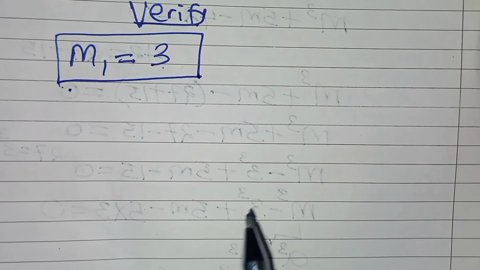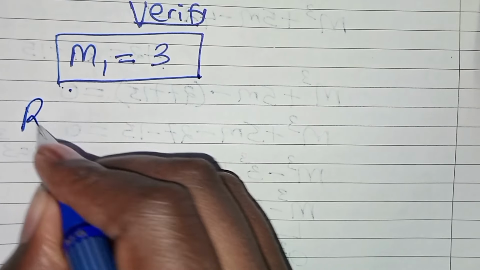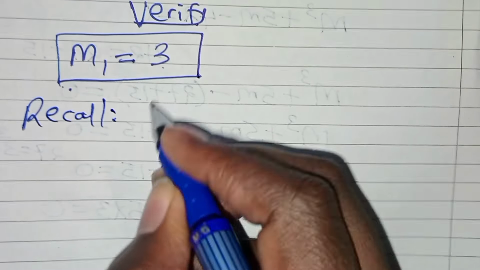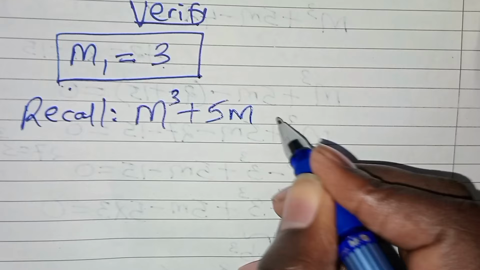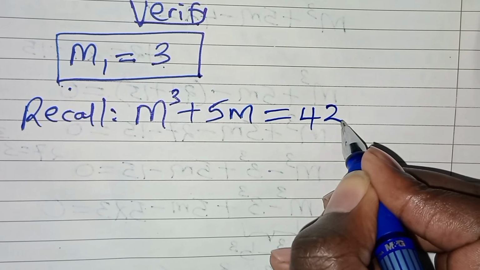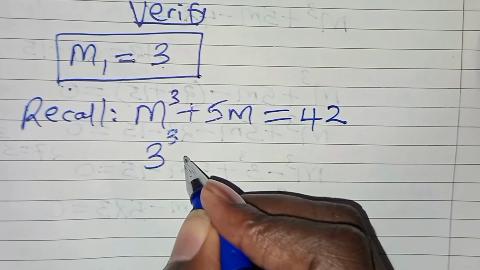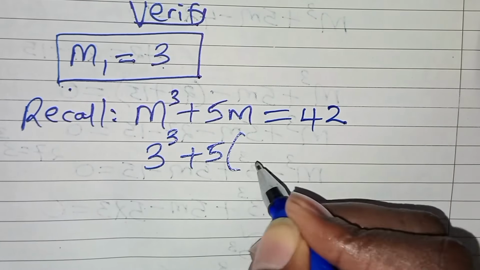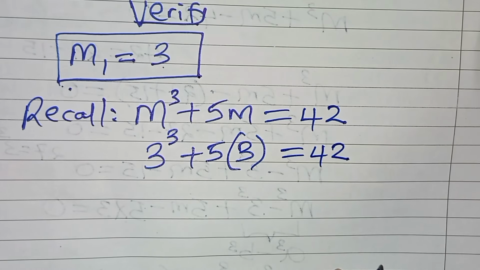So let's verify that 3 actually satisfies the equation. If you recall, m to power 3 plus 5m should give us a value of 42. So substituting the value of m, we'll have 3 to power 3 plus 5 times 3.